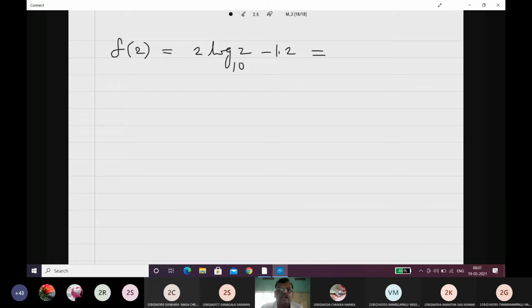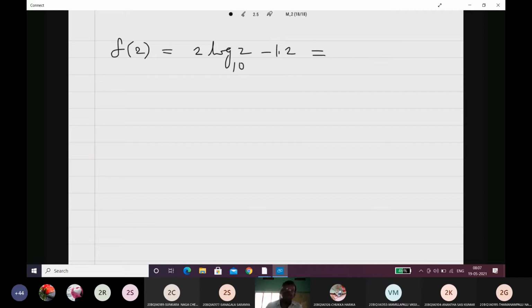LOG is related to log with base 10. Remember all of you. LN is related to log with base E. Now, in this problem, f of x is equal to x log x base 10.